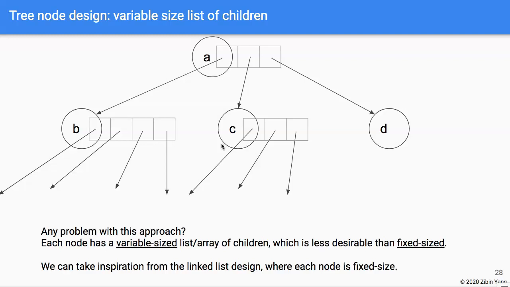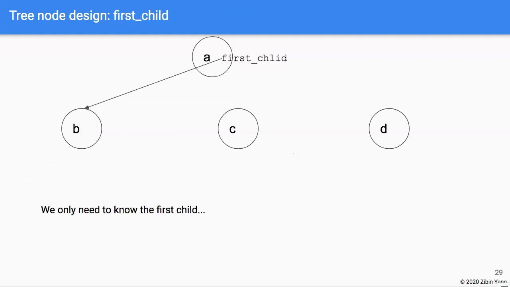So in order to do something like that, we can actually take the inspiration from our linked list design, which can hold variable number of items or elements in the linked list. However, we only need a pointer to the head of the linked list in order to access all those information. So what we'll do then is something like this.